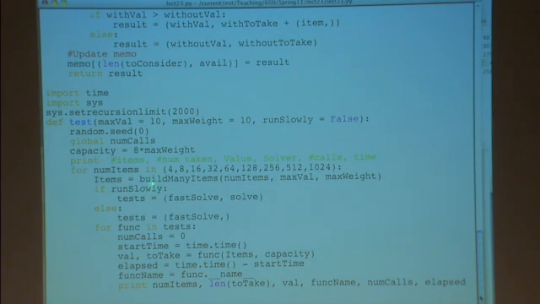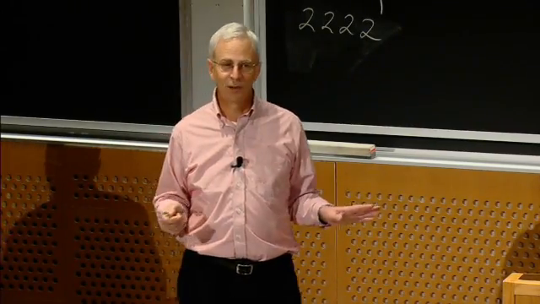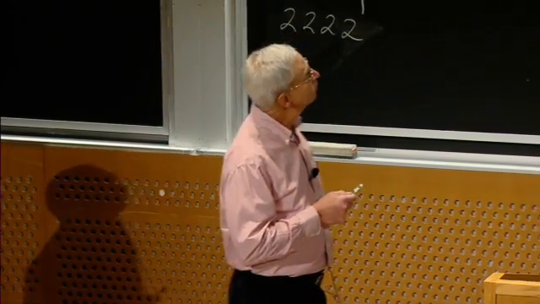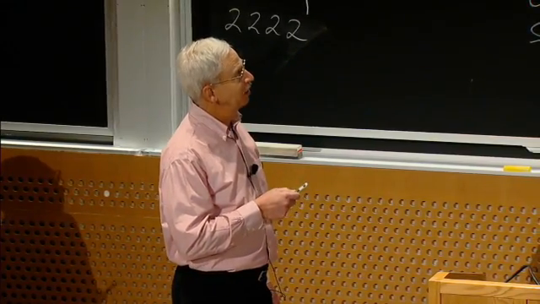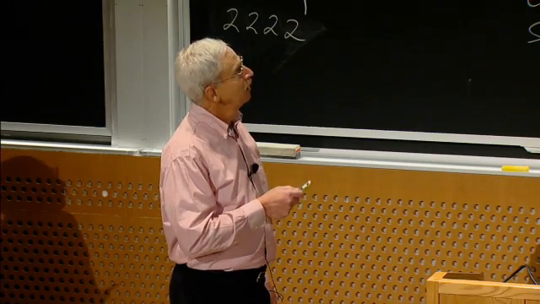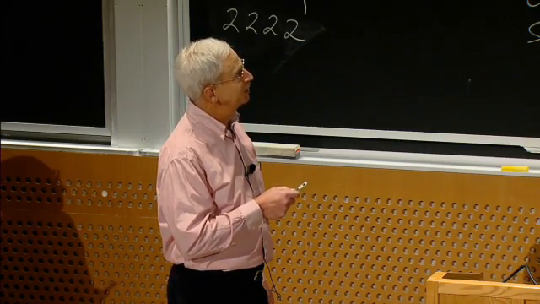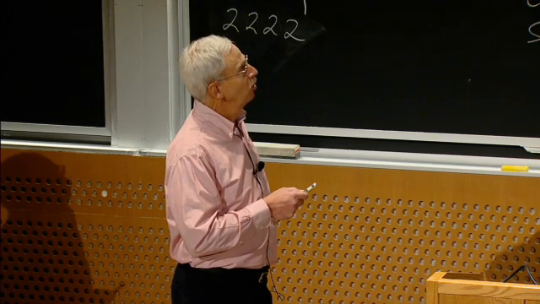If run slowly, then I'm going to test it on both fastSolve and solve. Notice that these are the names of the functions, not invocations of the functions, because remember, functions, like everything else in Python, are just objects. Otherwise, my tests will be only the tuple fastSolve. And then for each function in tests, I'm going to set the number of calls to 0.